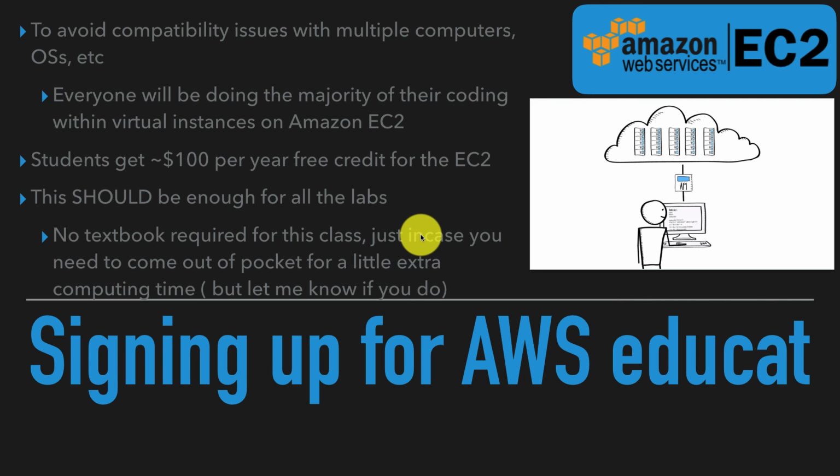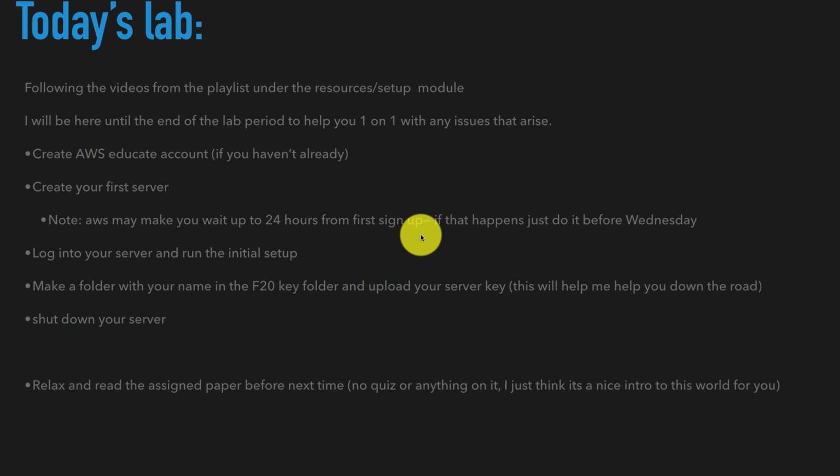Okay, so what we're going to be doing today, or if you're watching this earlier in the first lab, is you're going to be following the videos from the playlist under Resources and Setup module. These are some videos I put together for how to sign up for Amazon's Educate, as well as how to make your first server, and then how to log into your first server and perform the initial setup, and then some directions on your password file.